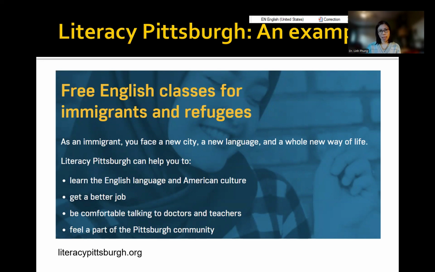And in my city, Pittsburgh, there is this organization called Literacy Pittsburgh that offers classes for immigrants and refugees. And as you can see here, some of the things that learners learn include getting a better job or being comfortable talking to doctors and teachers. These are the important tasks that they need to do in their everyday life.